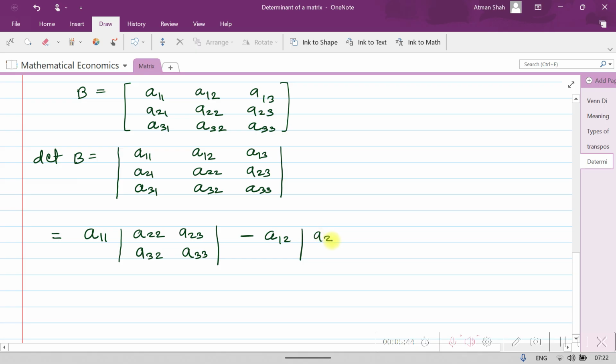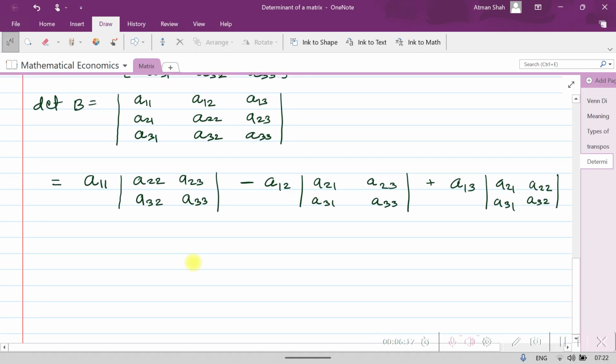So it is A21, A23, A31 and A33, plus A13. So now we are going to hide the first row and third column. So it is A21, A22, A31, A32. So this is how we find the value.